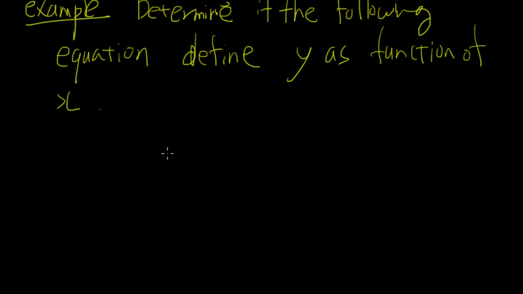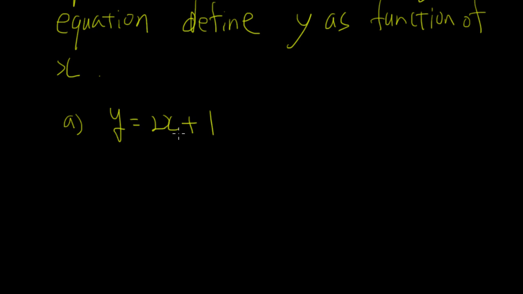All right, so let's say first equation, y equals 2x plus 1. So what we should check is whether each different value of x will produce only one y. Let me repeat that again. We should check whether each different value of x will produce only one y. If that's the case, then it's a function.